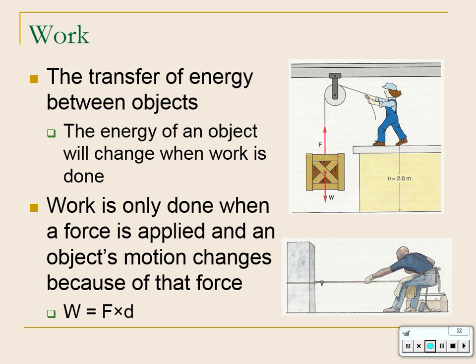So work is only done if a force is applied and the object's motion changes because of that force. Both of those things have to occur in order for work to be done. And when we calculate how much work is done, we multiply those two factors together. So work is equal to force times distance, or W equals F times D. And that's letter D on your outline.